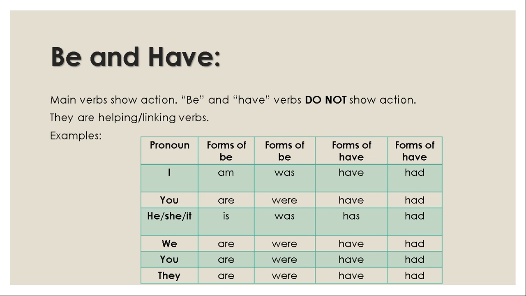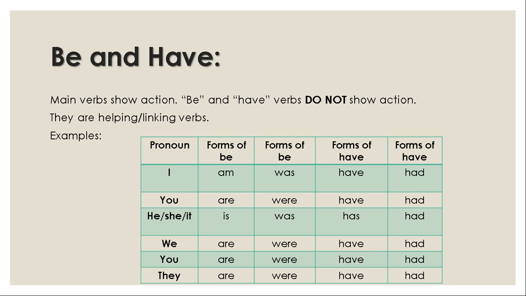So, be verbs include am, was, are, were, is, and so on. If you look at this table, you are going to see that the first column gives you pronouns. The second one and the third one, they show you the forms of be verbs that we can use with each pronoun.